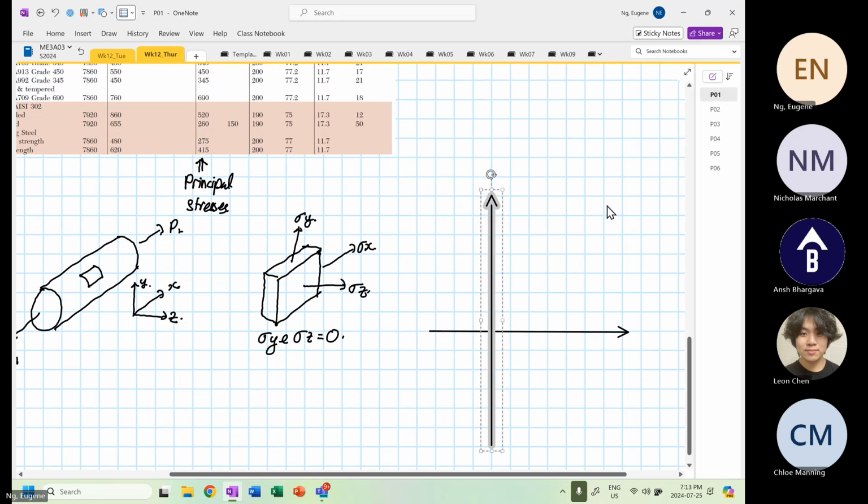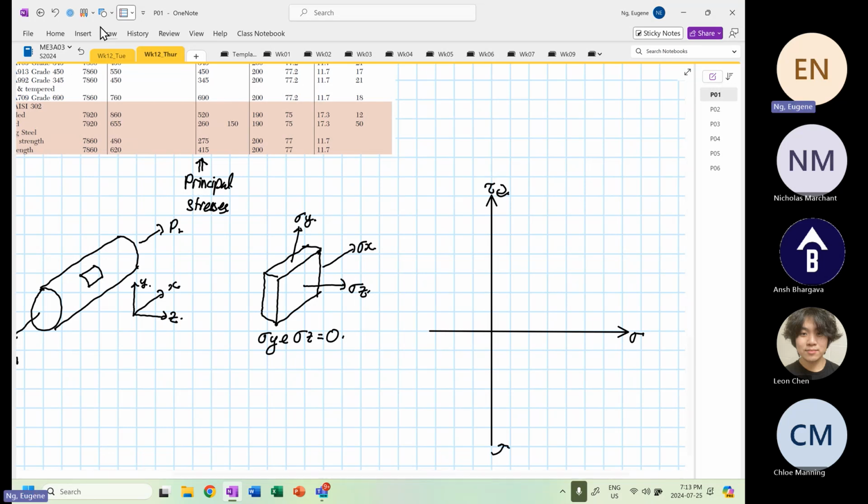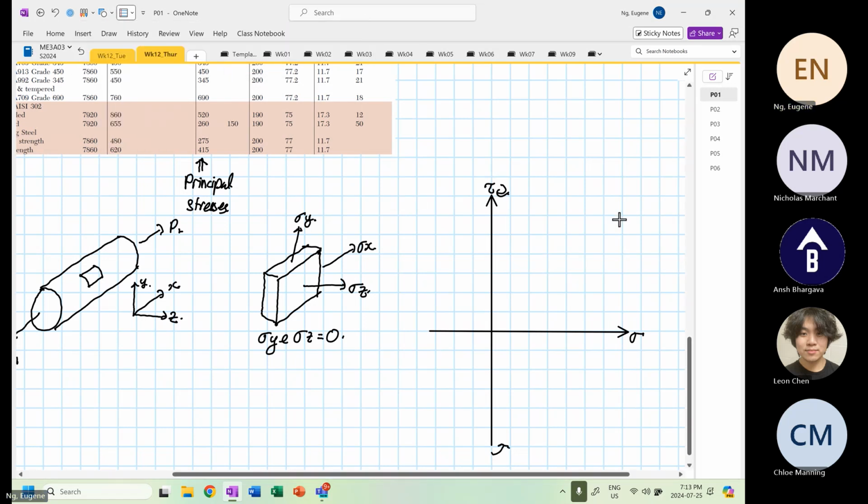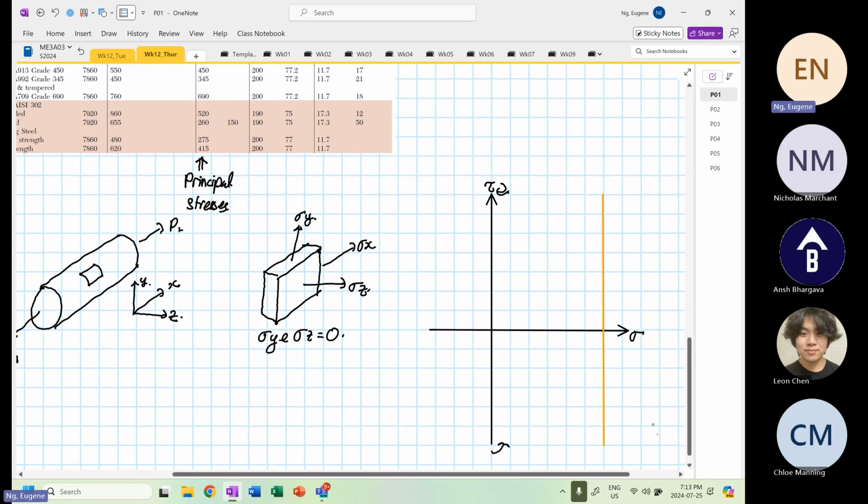And this is our normal stress, shearing stress, element rotate clockwise, anti-clockwise. And because the structure is under tension, I'm going to draw a line over here. And this line over here is our stress X line.